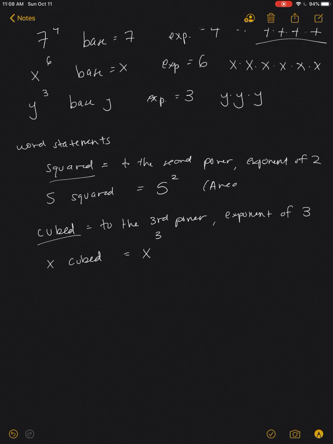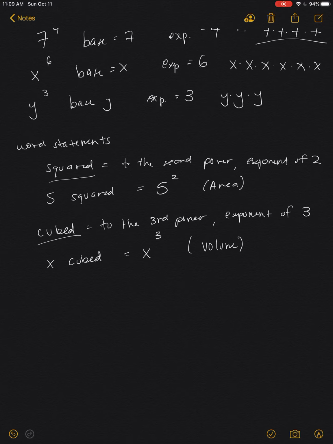Those are pretty much the only two shortened words because they're really common. Squared has to do with area. If you're figuring out flooring in a room, the dimensions of the floor might be 12 by 10 meters squared, or feet squared. Cubed is 3-dimensional, like finding volume.